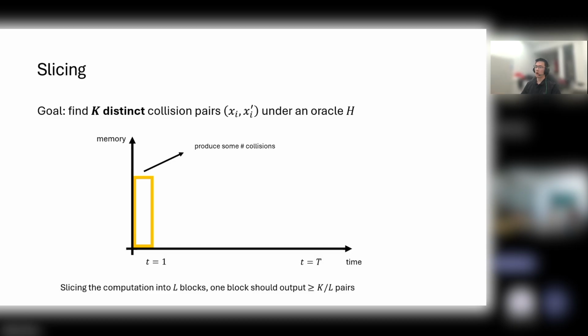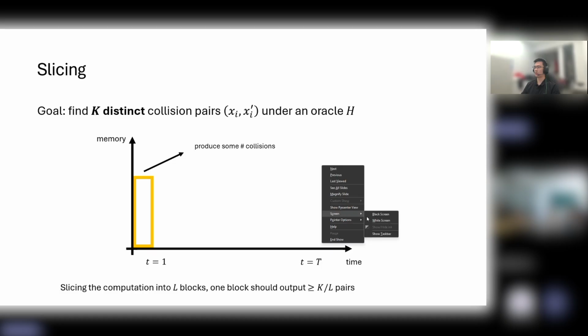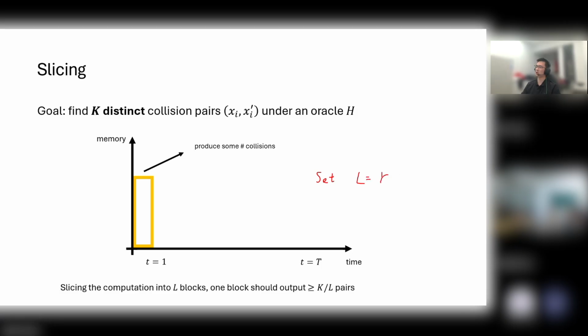In the proof we actually set L equal to something like k to the alpha, n to the beta, for some alpha and beta. We set L equal to this and we do the proof. So this is a parameter that we adjust to make the lower bound meaningful.